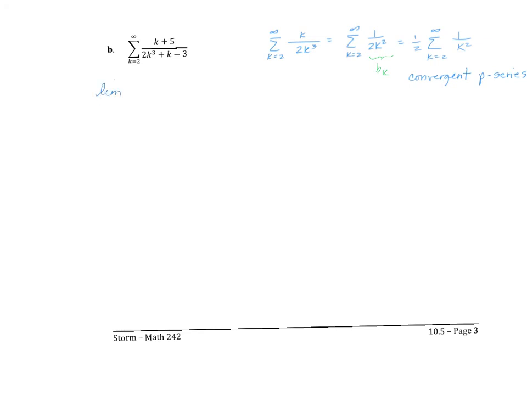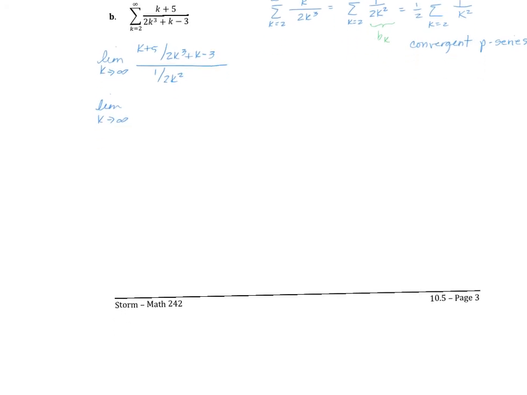So our limit as k goes to infinity of k plus 5 over 2k to the third plus k minus 3 divided by 1 over 2k squared algebraically would just be multiplying by the reciprocal of the denominator to get k plus 5 over 2k to the third plus k minus 3, and I'm going to multiply that by 2k squared over 1.